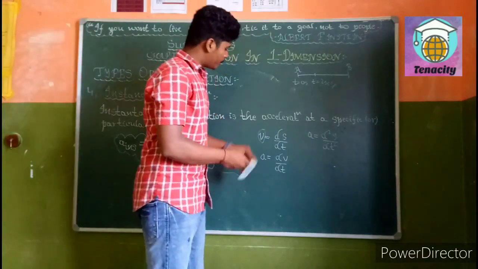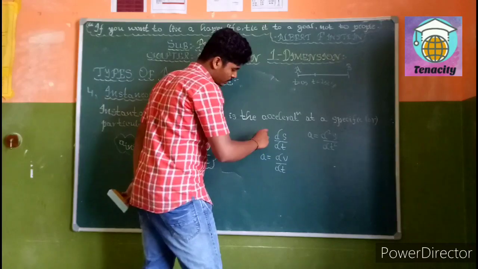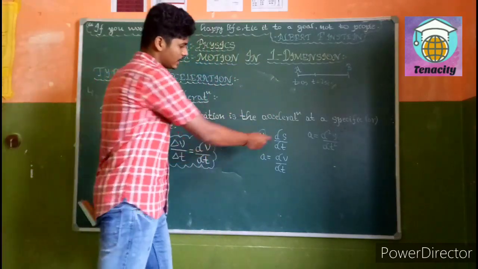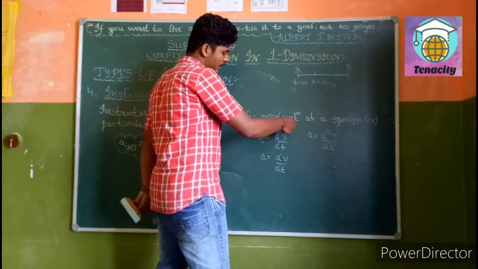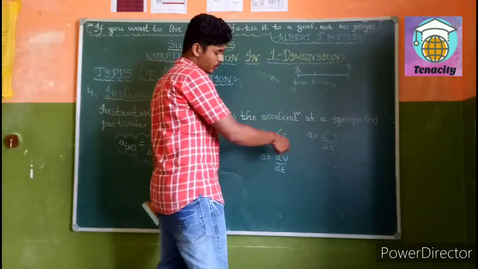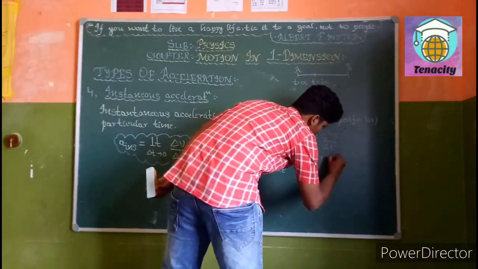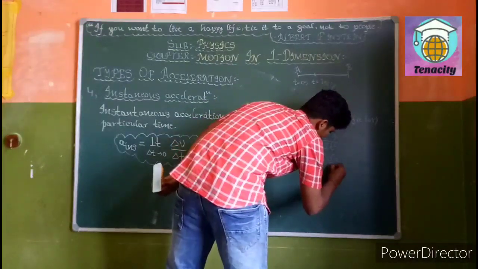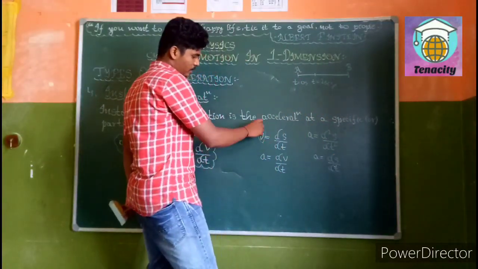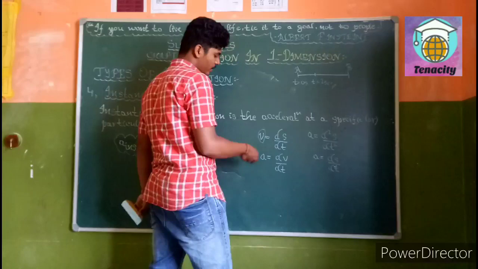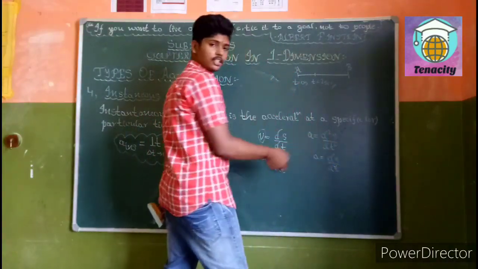So when you are differentiating v, in place of v you can differentiate ds by dt. That means you can write d by dt of ds by dt. So a is equal to d by dt of ds by dt. Instead of differentiating velocity, you differentiate the change in displacement.